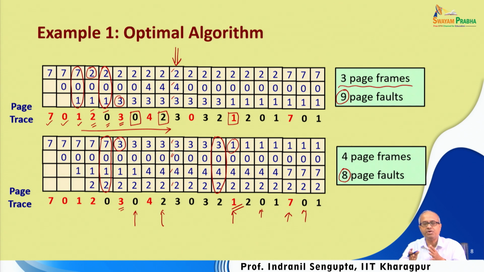You are storing the frames that are accessed in the nearest future, and naturally the stack property will hold. If it is 3 frames, I am keeping track of the 3 nearest accesses. If it is 4, 4 nearest accesses. So, out of 4 the 3 will automatically come in. So, this will be a stack algorithm. Okay. So, like this it works.